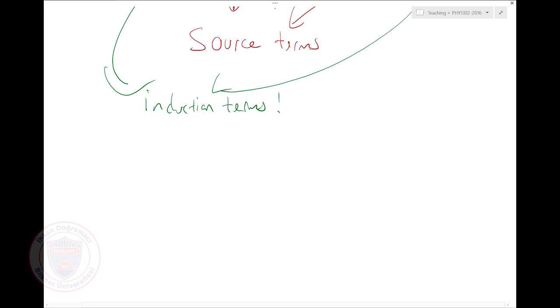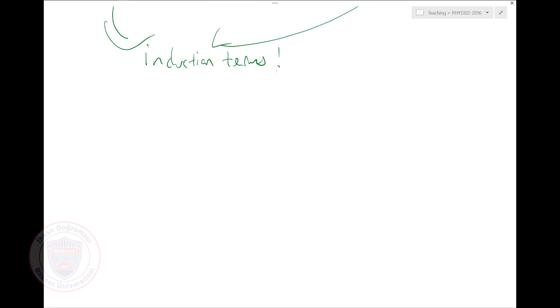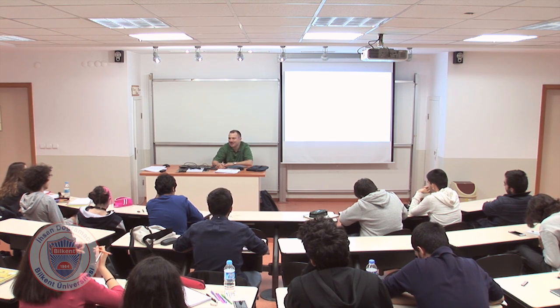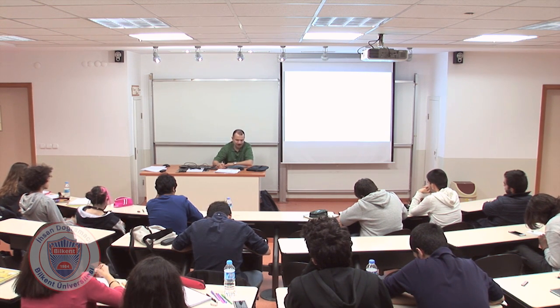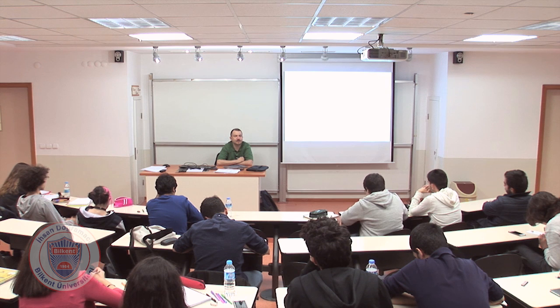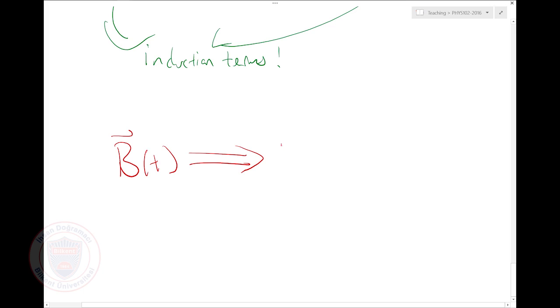And what Maxwell did is he immediately realized the following. Let's say that I have no sources anywhere. All my currents and all my charges are infinitely far away. Let's say I'm in interstellar space. I don't see any currents, any wires anywhere. But if I have a magnetic field that's changing in time, Faraday's law tells me that it's going to create an electric field in space, which, because the magnetic field is changing with time, will be changing in time.